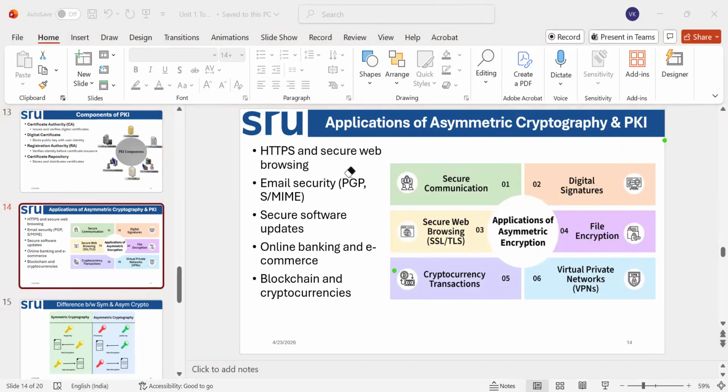One application is HTTPS, hypertext transfer protocol, and secure web browsing, and email security.